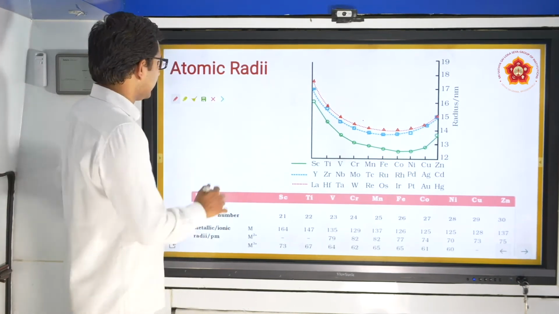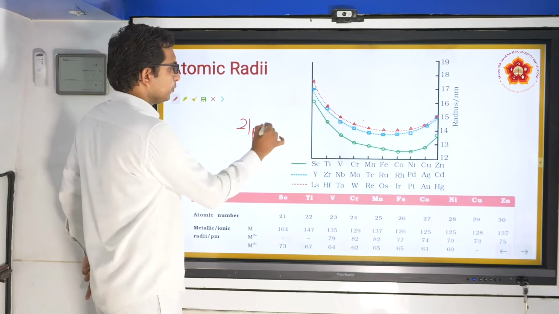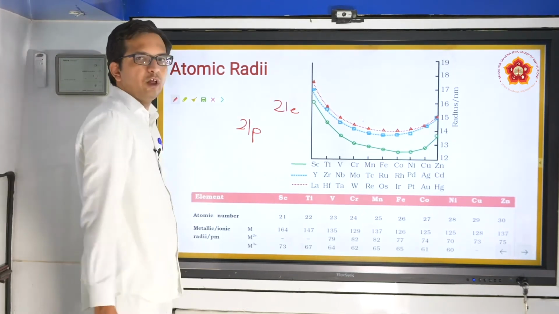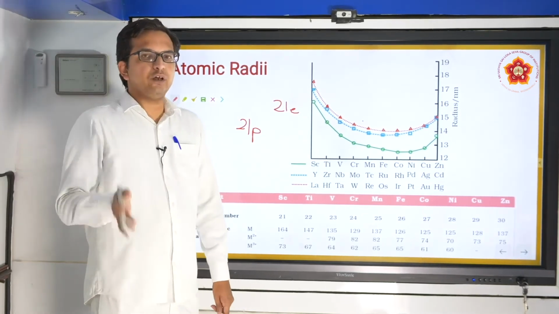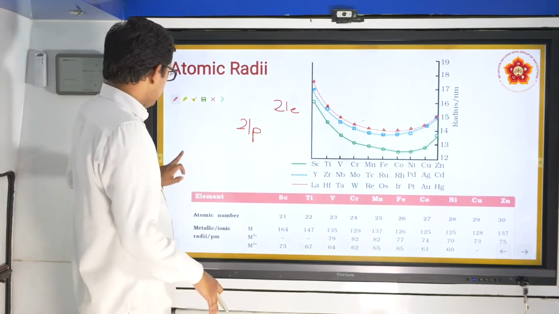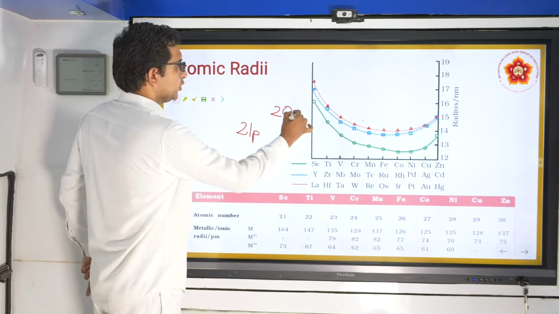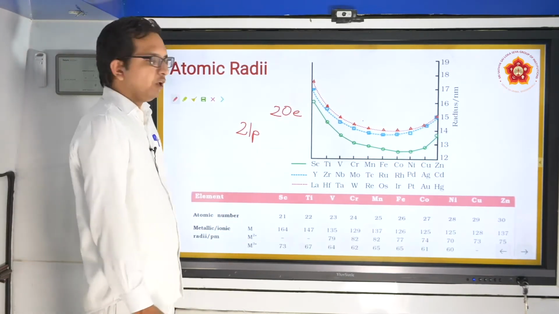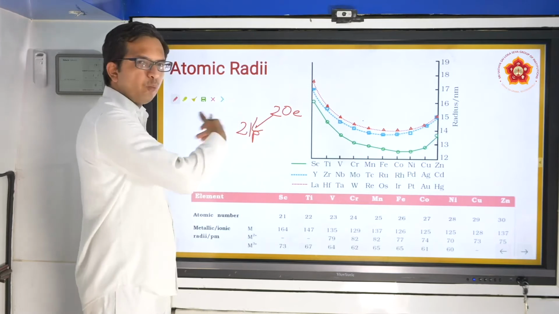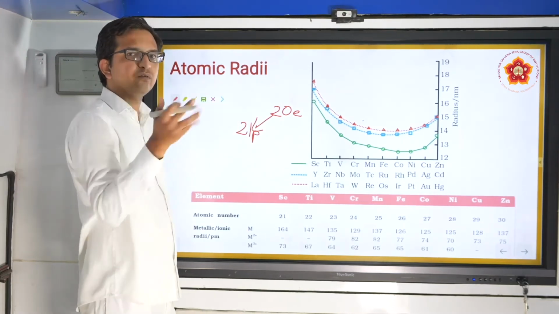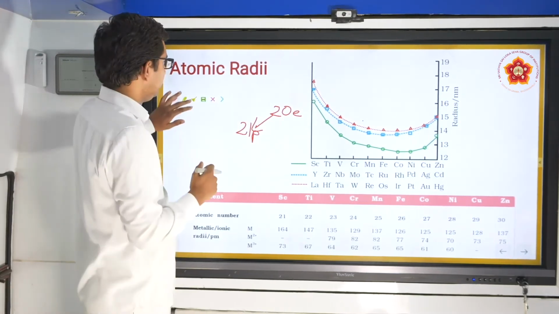As an example, scandium has 21 protons and 21 electrons. When you remove an electron to form an ion, it means that the electrons are reduced to 20. So the attraction is now more towards the nucleus and therefore the size will slowly decrease.